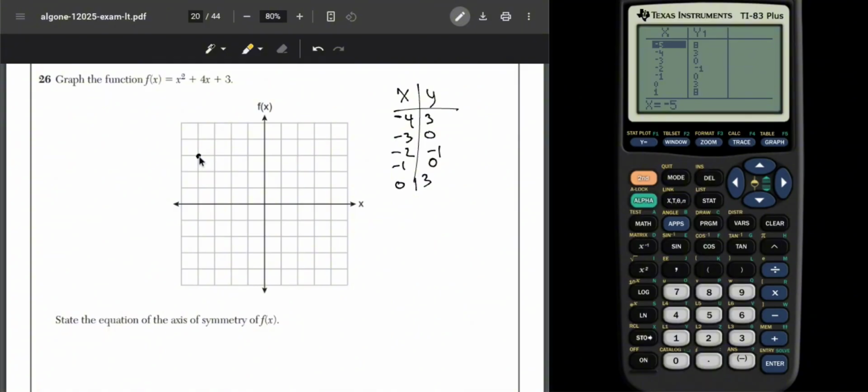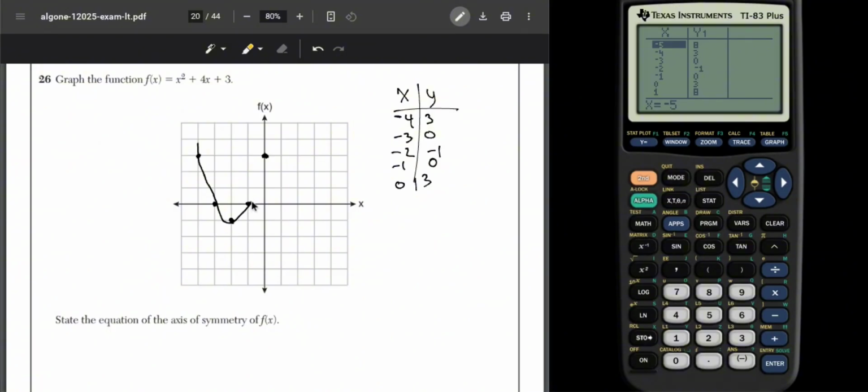There's my first point, negative 4, 3. Negative 3, 0 is right here. Negative 2, negative 1 is right here. Then negative 1, 0, and then 0, 3, which is my y-intercept. And I'm going to connect my points.